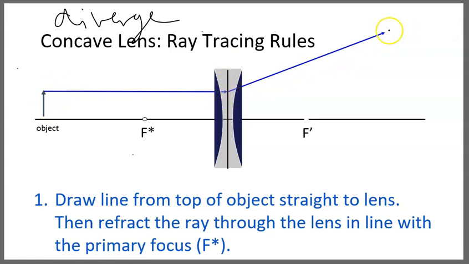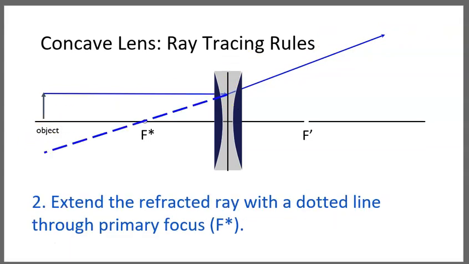Now, how do I know exactly what angle that's going to refract at? Well, if I had a ruler, I would line it up with my primary focal point, which is this one now. So it's on the same side as the object, versus convex, where it was on the opposite side. Remember, the viewer is on this side. Okay, so this is the real side, and this is the virtual side now over here.